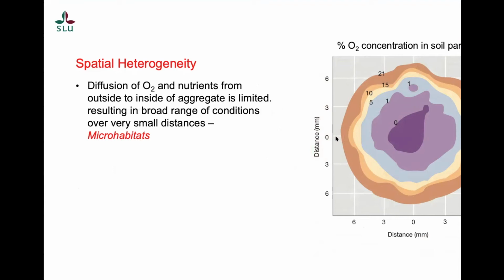On the inside, if you're an organism, you had better be used to living in anaerobic conditions, because the oxygen there is going to be borderline non-present. As you get further out, it'll be more normal, more aerobic conditions. So you can get a gradient of different communities just across this small region.